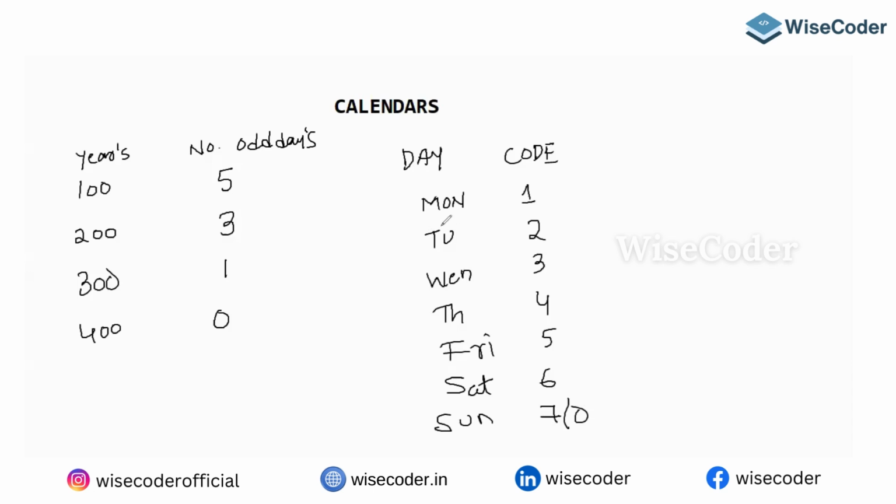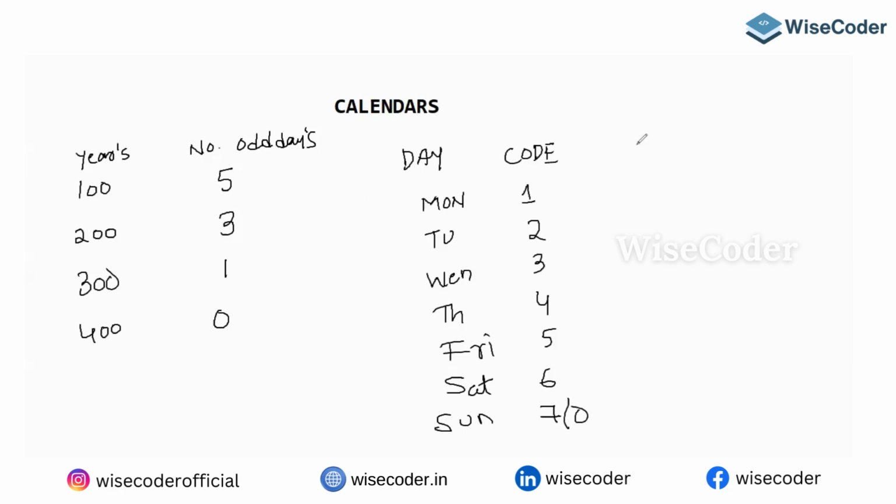And whenever we are solving the questions, there is one more thing, because months also will come into the picture. I don't want to discuss January, February, March, April, May, June.